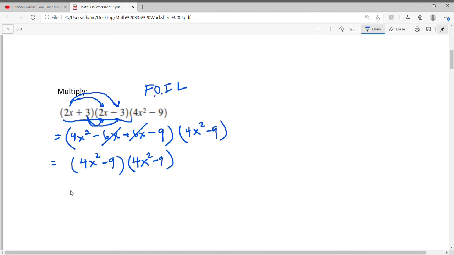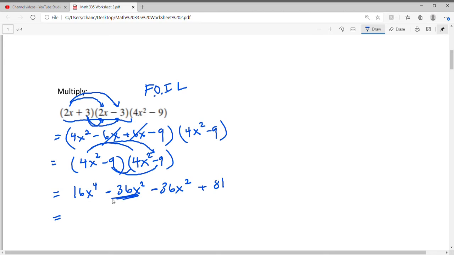Now we can FOIL this out, and we get 4x squared times 4x squared, that's equal to 16x to the fourth. 4x squared times negative 9 is negative 36x squared. Negative 9 times 4x squared is negative 36x squared. And we have negative 9 times negative 9 is positive 81.